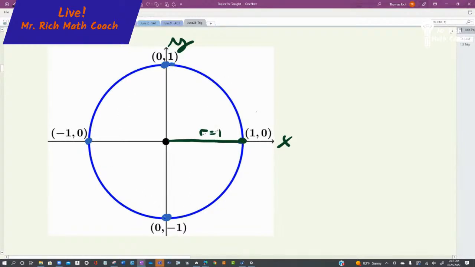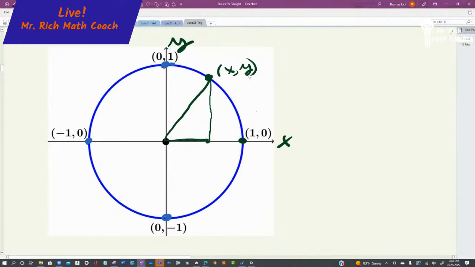Now, what I want to do is consider this. Let's take a generic point that is on the unit circle, and I'm going to draw a radius up to that point. I'm going to call this point (x, y), and I'm going to drop a perpendicular down to the x-axis and draw myself a right triangle.